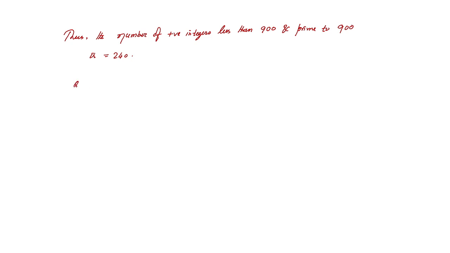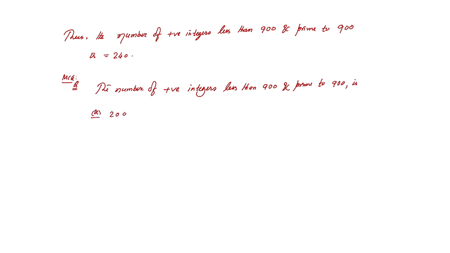Here you can have this kind of MCQ type question. The number of positive integers less than 900 and prime to 900 is: option A 200, option B 899, option C 240, and option D 108.